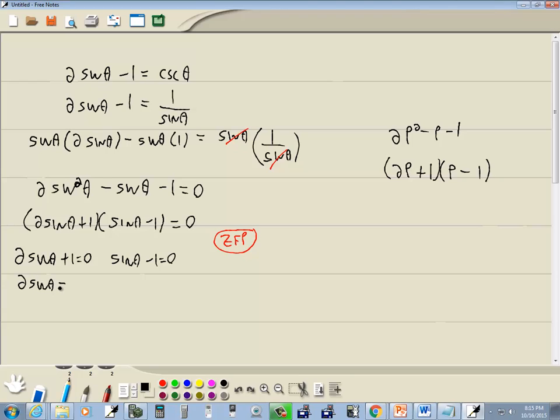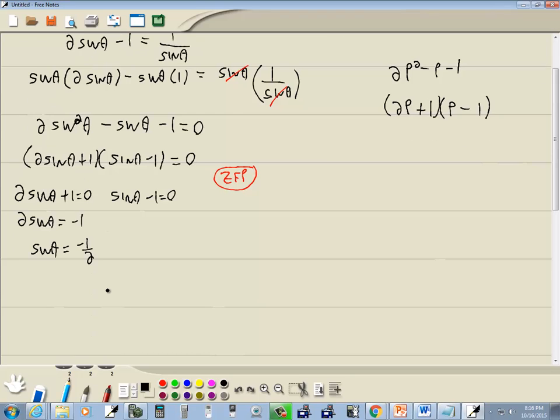Now this one, I'll take the 1 over, becomes a negative 1. Divide both sides by 2, and we get sine is equal to negative 1/2. This is 6 pi over 6, so this is 7 pi over 6, and this will be 11 pi over 6.